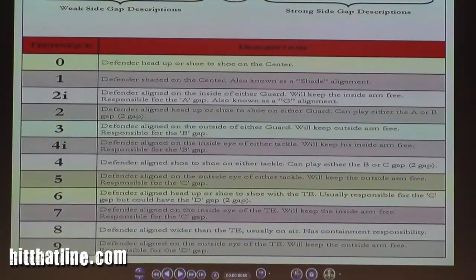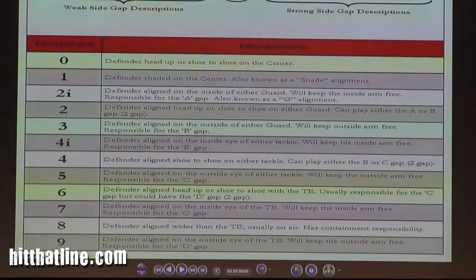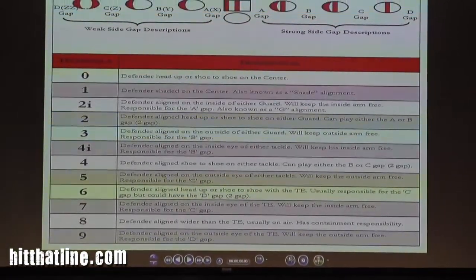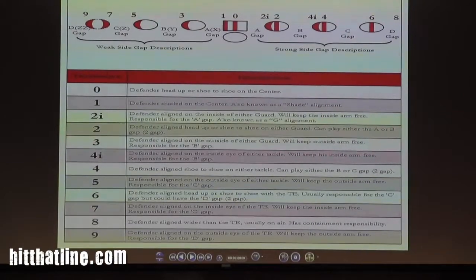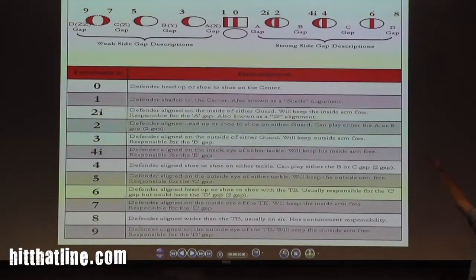If you're considered a 2-eye, we see a lot of 2-eyes. A 2-eye is nothing more than the inside eye of the offensive guard. We all know, on the offensive side of the ball, center, guard, tackle, obviously your ends. But a 2-eye is aligned on the inside eye of the guard.